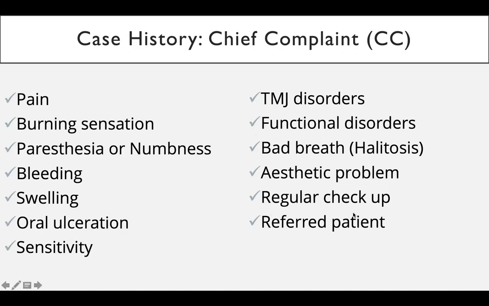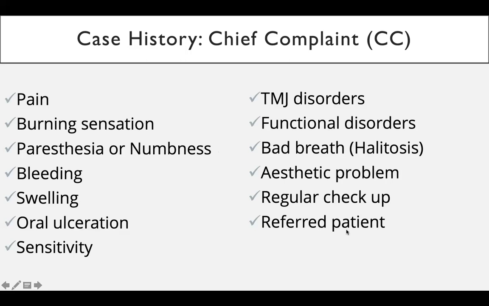And then we have regular checkups and referred patients. Regular checkup, for example, a patient comes in and says, okay, doctor, I come for my yearly or monthly or annual checkup. He does not have a chief complaint, so when you write in chief complaint, you write: this is a regular checkup, that's it. If there is no complaint, CC none, and regular checkup.